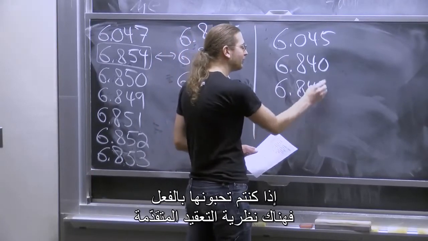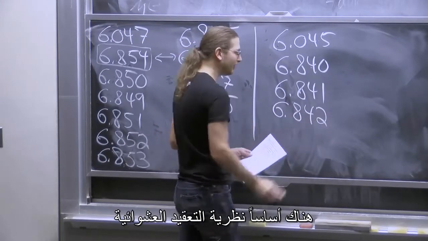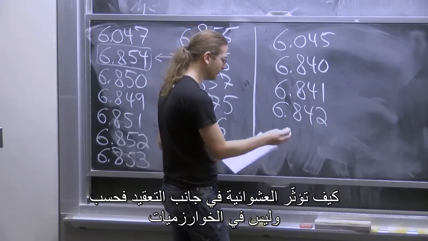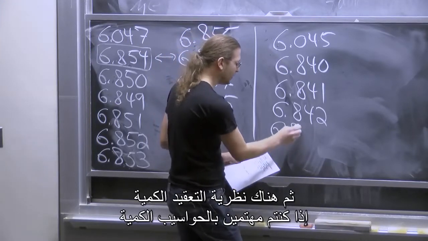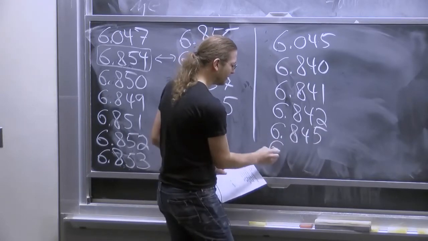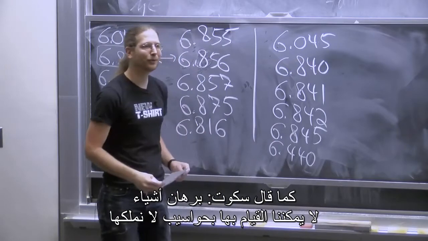If you really like it, there's advanced complexity theory. There's basically randomized complexity theory, how randomness affects just the complexity side, not algorithms. Then there's quantum complexity theory, if you care about quantum computers. As Scott says, it's proving things you can't do with computers we don't have.